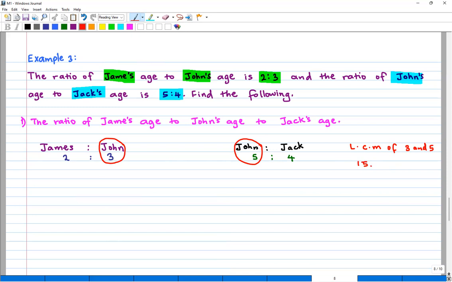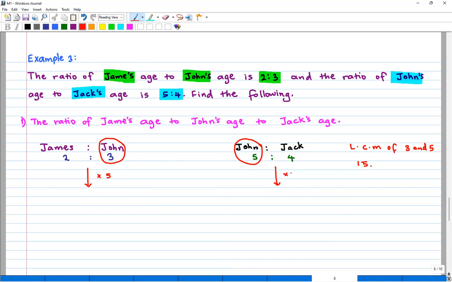Okay. Now, this means that for this part, we are asking ourselves, what number can we multiply by 3 to get 15? Of course, that number will be 5. And for this part, what number can we multiply by 5 to get 15?